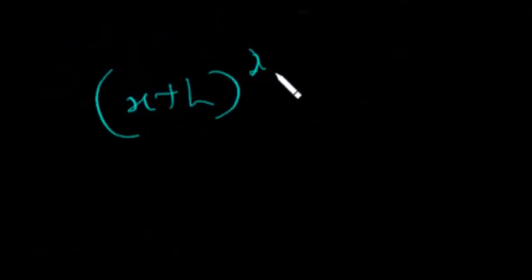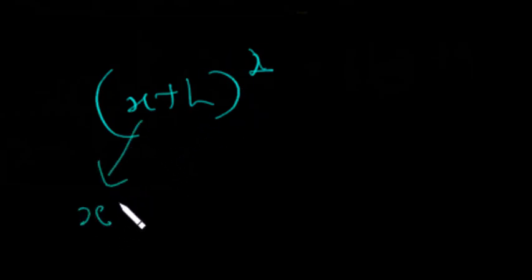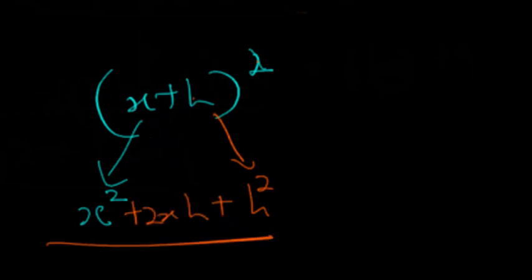If you have anything raised to the power 2, all that you have to do is put the x on one side, you square it, and you put the h on the other side, and you square it. But what you have here will be 2 times the h times the x, and that is 2xh. So you put that also here.